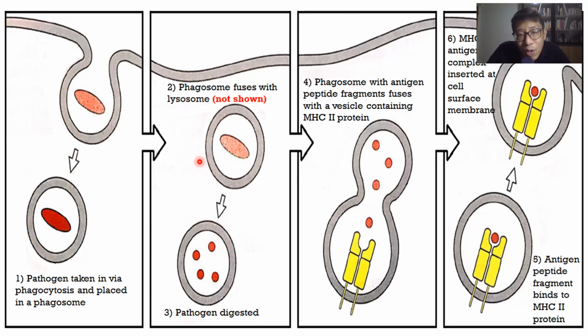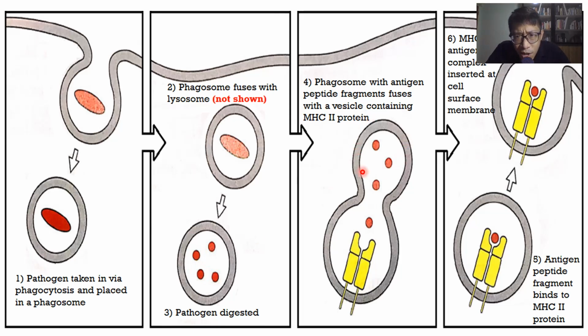That would require the fusion of the lysosome to the phagosome, but that is not shown here. So imagine that there's a lysosome that is fusing with this phagosome, and that brings about the digestion of the pathogen. All these are the peptide fragments of the antigen on the pathogen.